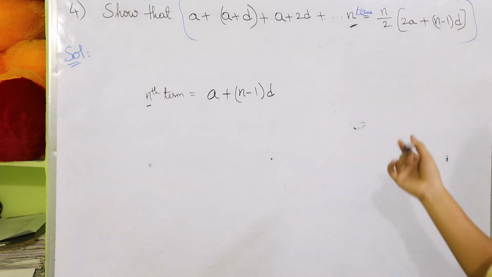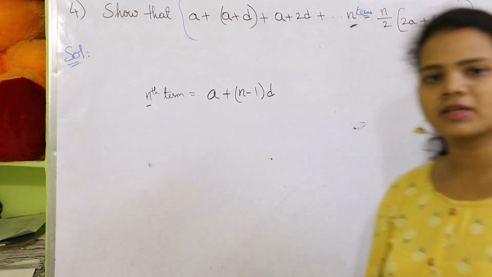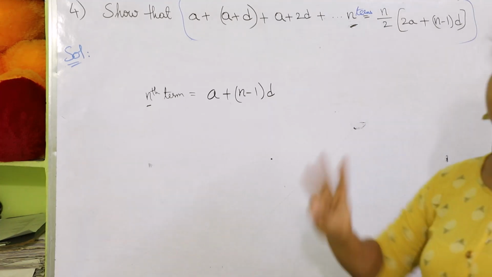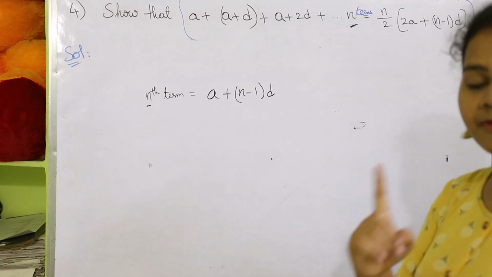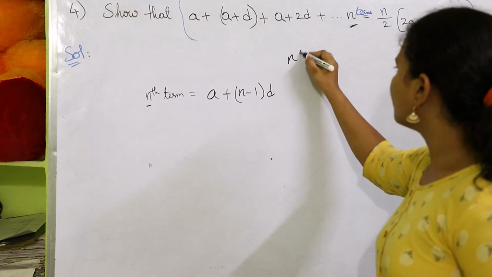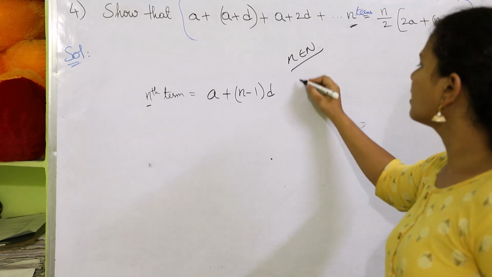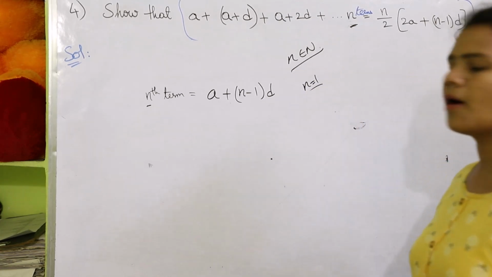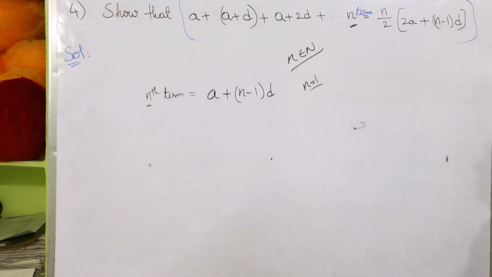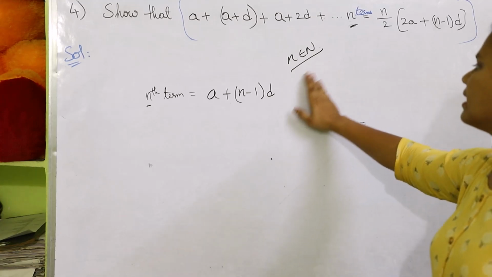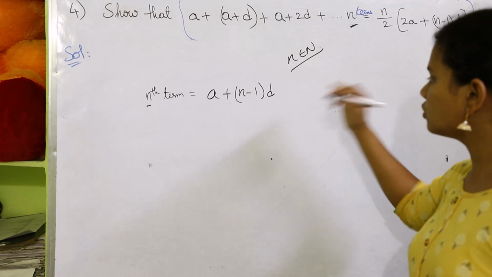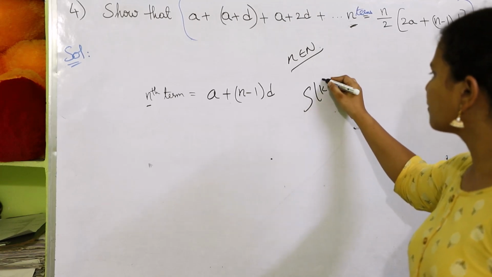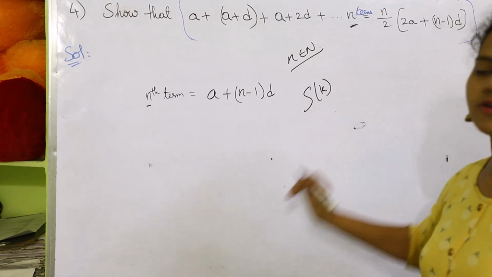We know this is from mathematical induction, which has 3 steps or 3 cases. The first step is n belongs to natural numbers, where n equals 1. The second step is to assume that S of k is true.